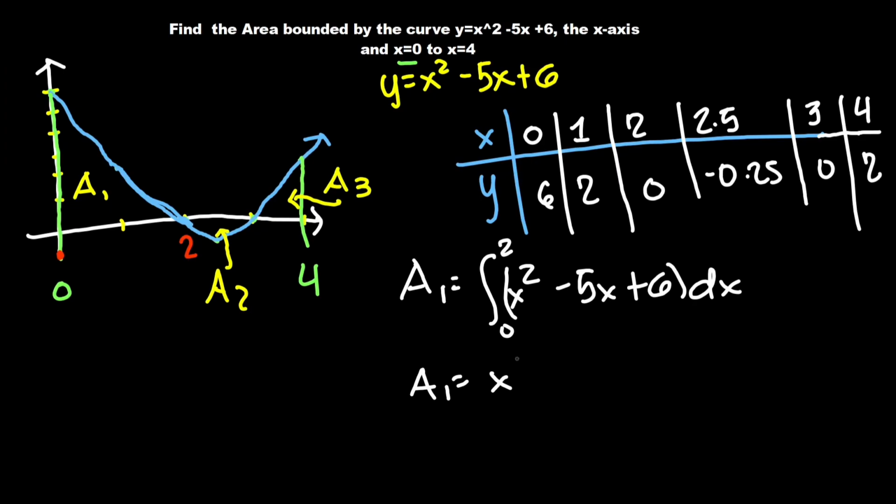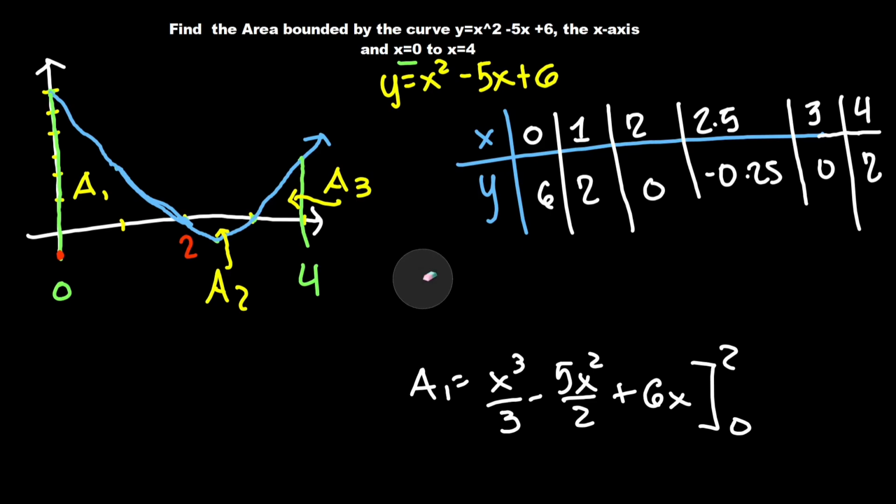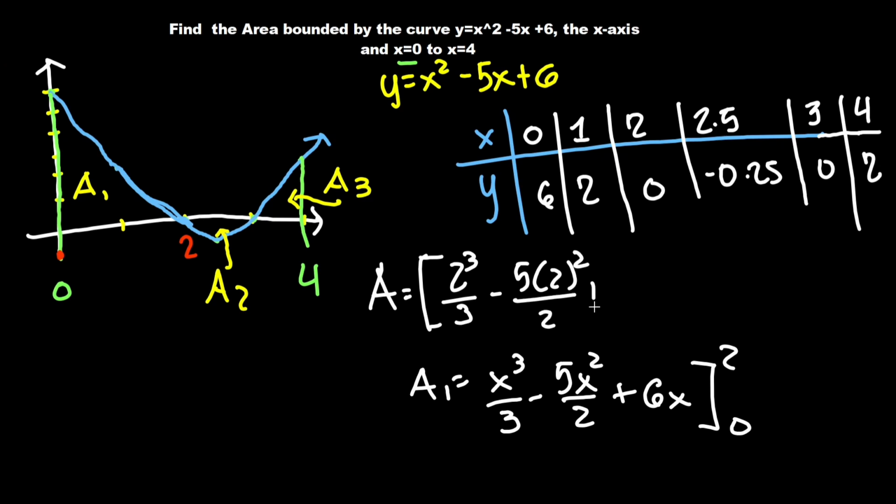Integral of x squared would be x cubed over 3. Integral of 5x would be 5x squared over 2. And integral of 6 would be simply 6x. So substitute 2. This would be 2 cubed over 3 minus 5 times 2 squared over 2 plus 6 multiplied by 2.